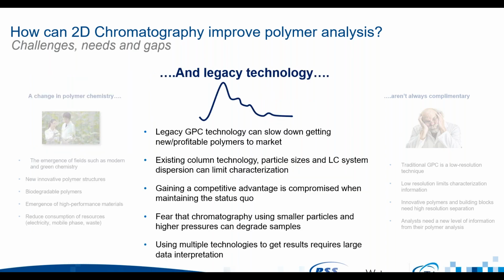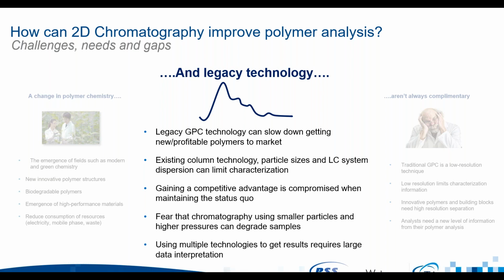But when we try to combine these types of materials with legacy analysis, it can sometimes hinder our progress. So legacy GPC can slow down getting new polymers to market. Existing column technology, particle sizes that are generally used in GPC or LC systems can limit characterization by increasing dispersion, and gaining a competitive advantage can also be compromised.